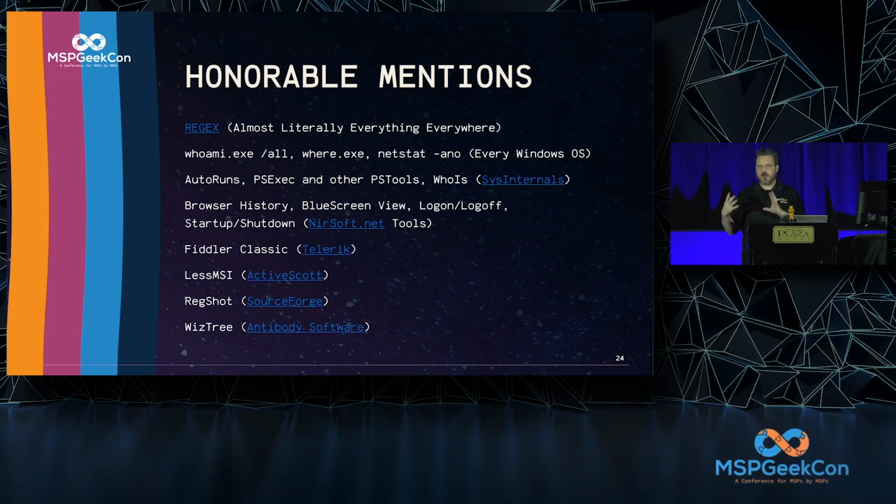DevTools is the browser showing you what's going on with HTTP and HTTPS traffic. Fiddler Classic is a free tool that will listen in on all HTTP and HTTPS traffic on your machine, and you can set it up to do man in the middle, and it can decode HTTPS.